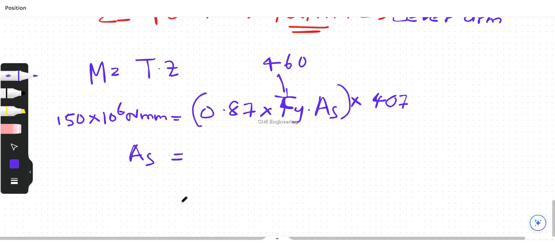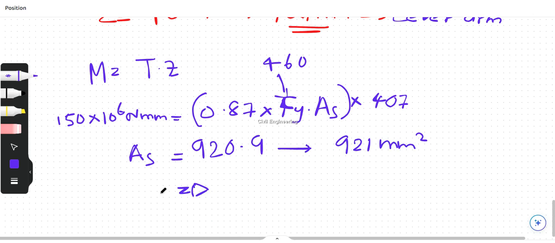The value is equal to 115 into 10 to the power 6 divided by 407, divided by 460, divided by 0.87. The value is 920.9, almost 921 square millimeters.